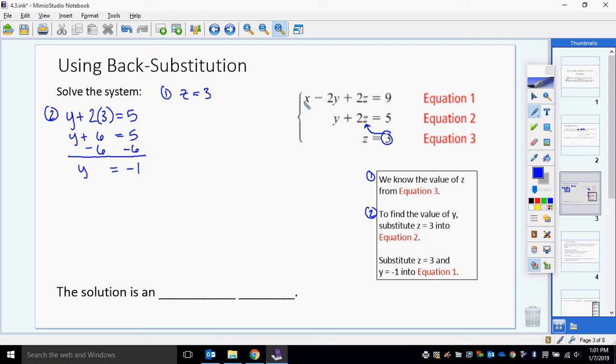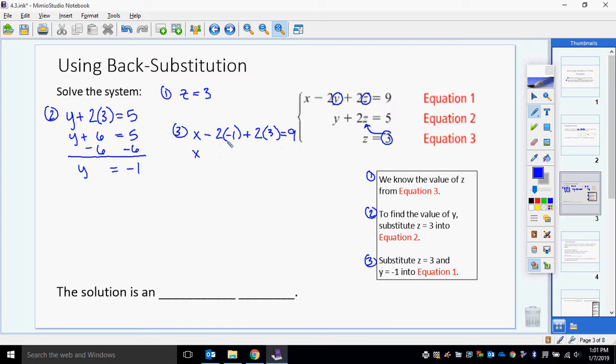So in this top equation, it's the only one that has x in it, right? So we need to plug in for y and for z, simplify that, and figure out what x equals. So that's going to be our step 3. Take your equation 1 and substitute in -1 for y and 3 for z and solve this.